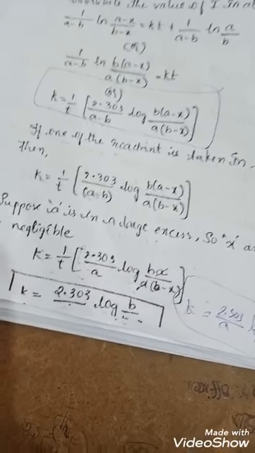Here a cancels, giving b by b minus x. This is the equation of the rate constant.